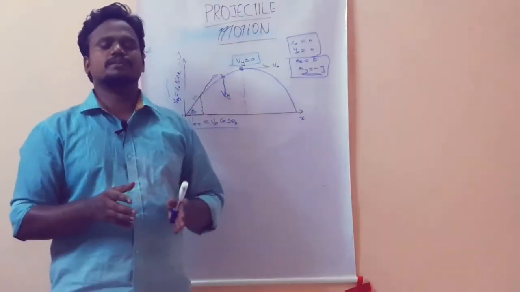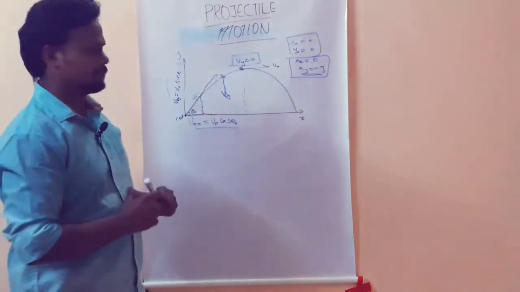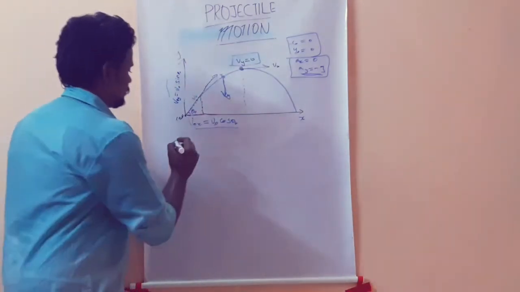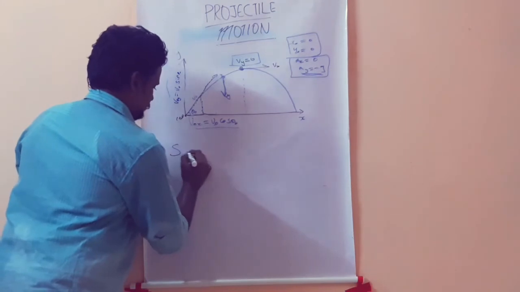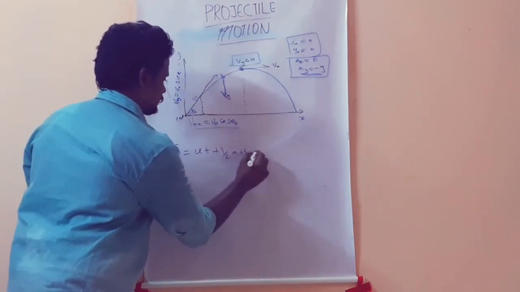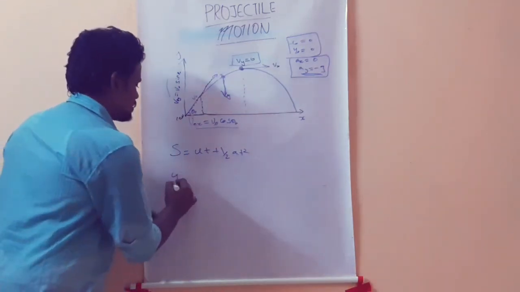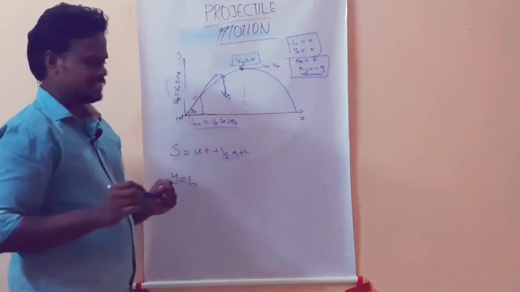Now we are going to find the maximum height reached by the projectile here. Okay, so we are going to use the relation s equal to ut plus half at square. In the place of s, we are going to replace it by y, which is equal to the maximum height h.